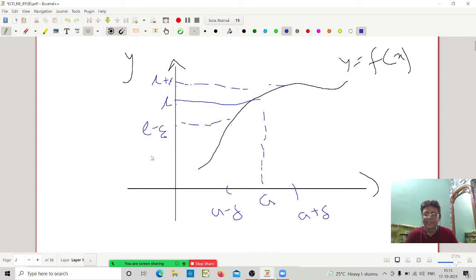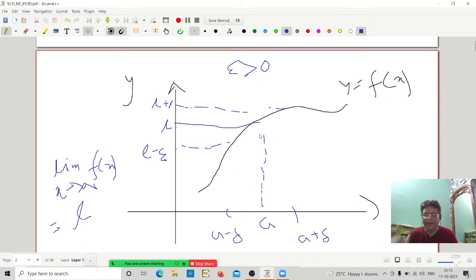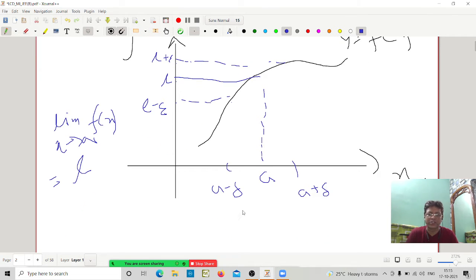It is given that limit x tends to a f(x) equal to L. So it means that for each real epsilon greater than 0, there exists a real number delta greater than 0.